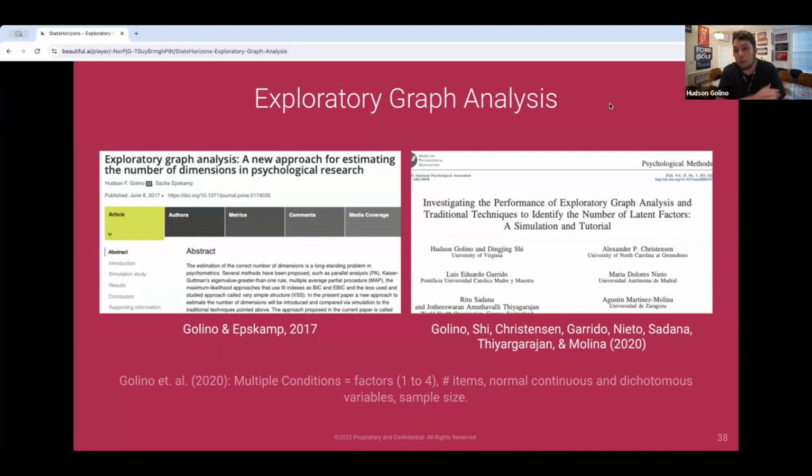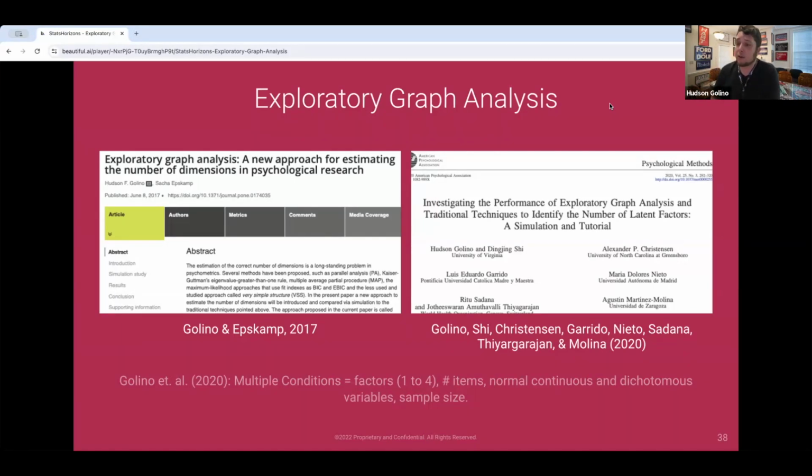So I redid the simulation 3 times, and we sat down and wrote a paper very quickly, Sacha and I. We said, we need a name for that, because people are not going to say, let's use network methods in psychology as a dimensionality reduction technique. Everybody knows exploratory factor analysis. We're not using factor models, we're using graph models. So as a joke, I coined the term exploratory graph analysis, and it caught on.